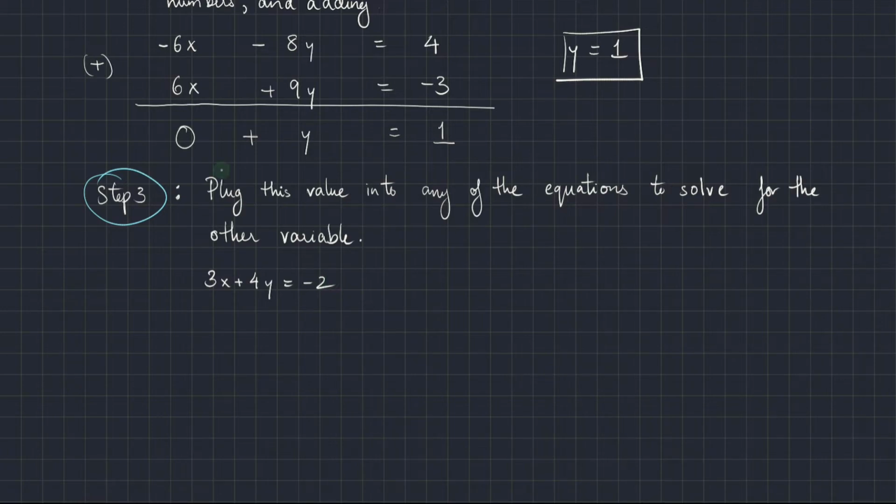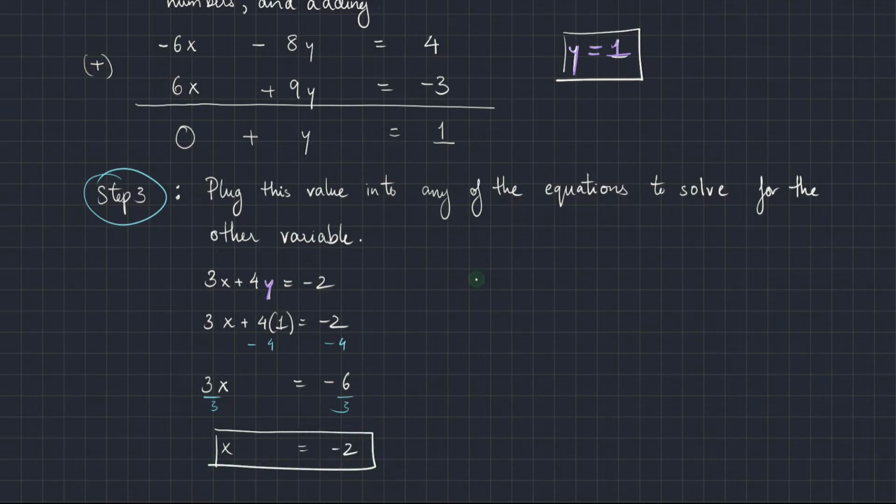Now I'm going to plug in this y equals 1 into this equation to get 3x plus 4 times 1 equals negative 2. Subtracting 4 from both sides, we have 3x equals negative 6. Dividing both sides by 3, we get x equals negative 2.